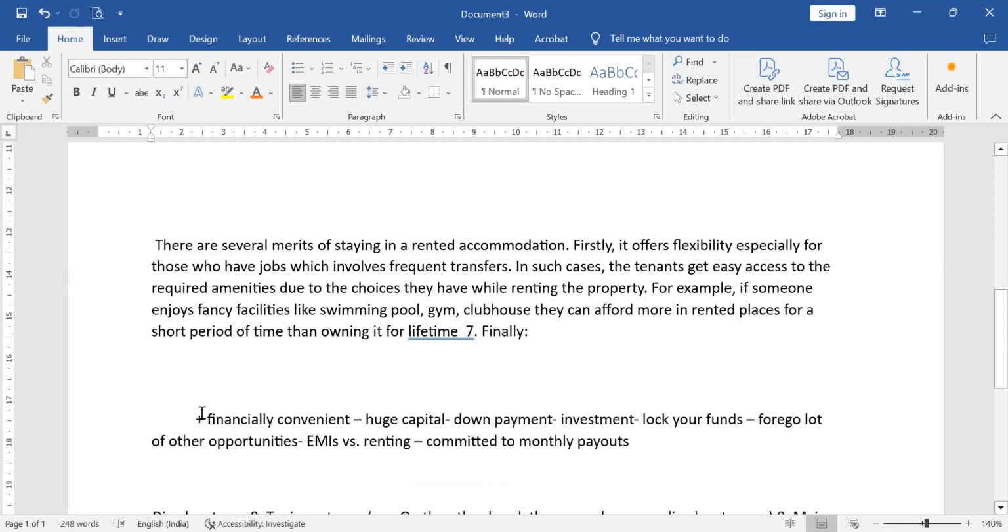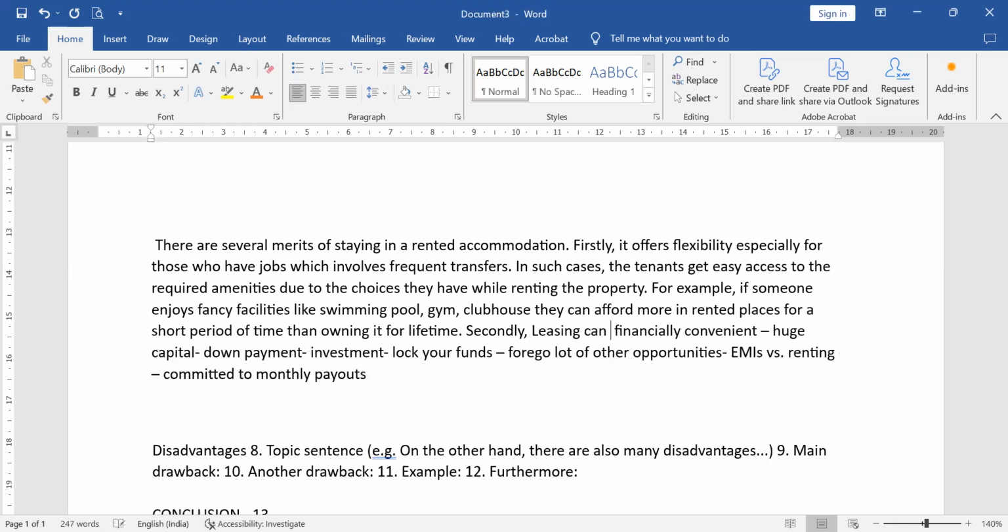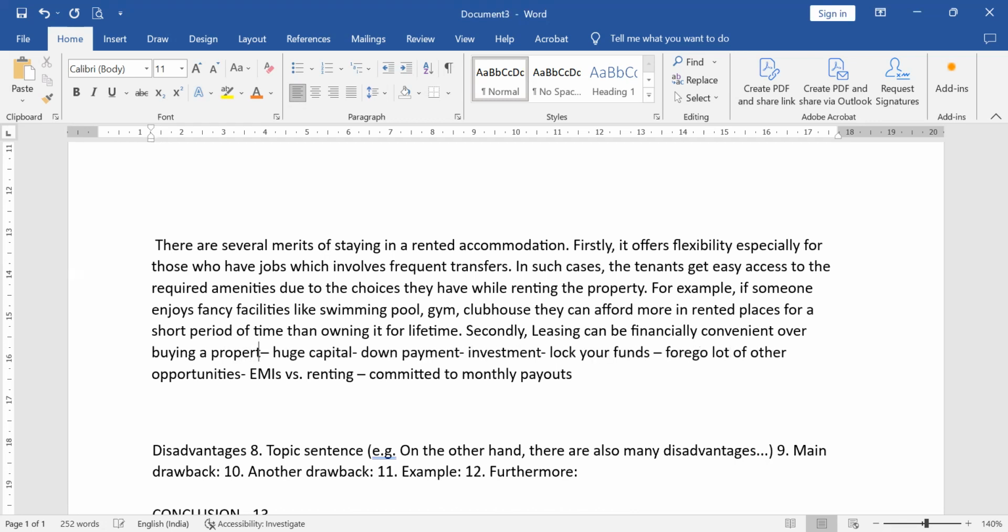Now, secondly, financially convenient. Secondly, leasing can be financially convenient over buying a property by locking huge amounts of funds in capital and down payment.